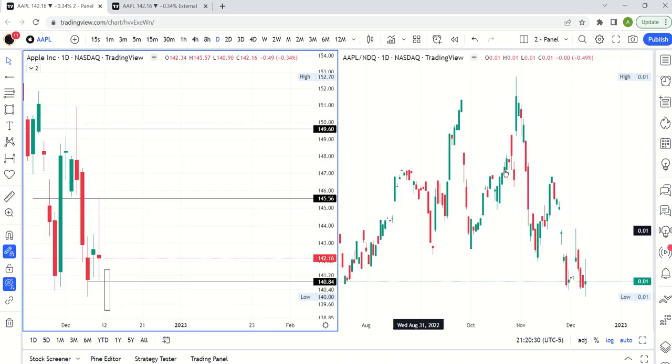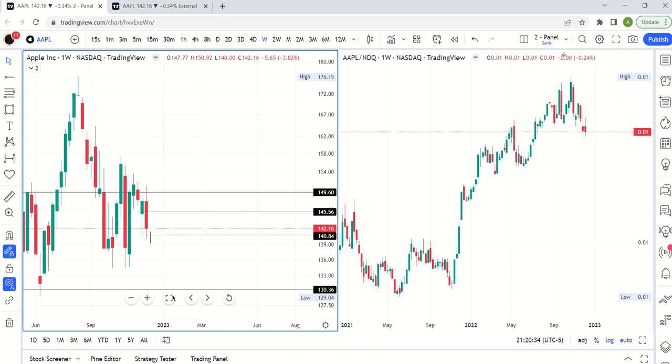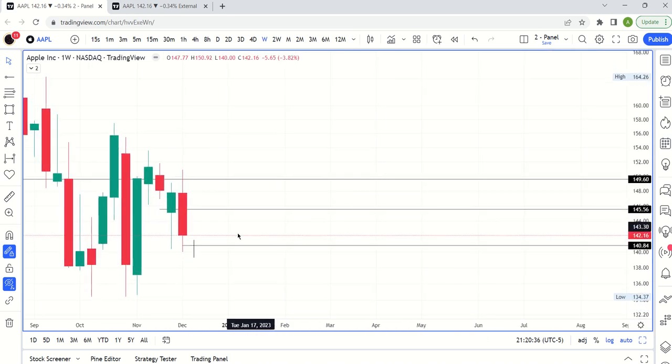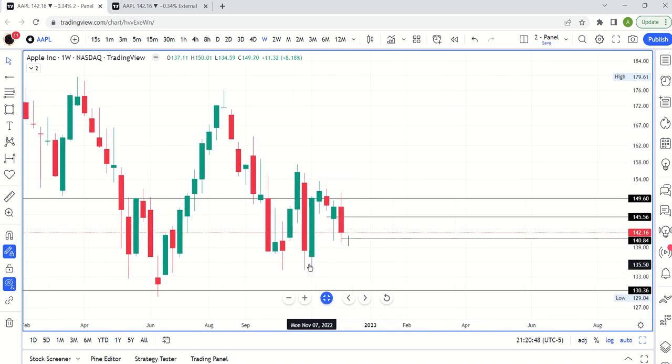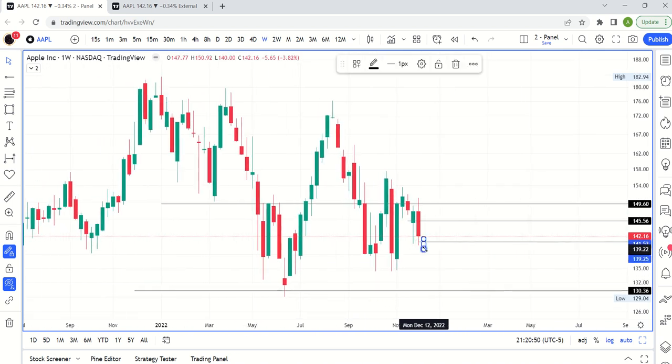So if we look at what the weekly setup actually is, on the weekly level, we're actually also set up for an inside week, right? So, a high of 151 and a low of 140, which is a ginormous range, obviously. And so it's going to be a question of, we're going to get a candle like this, your weekly version of what we just talked about on the daily, right?